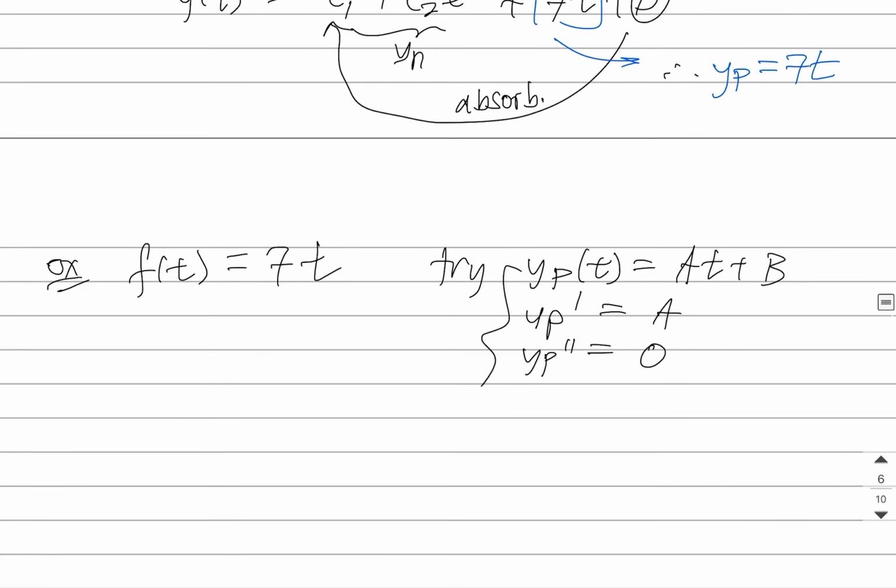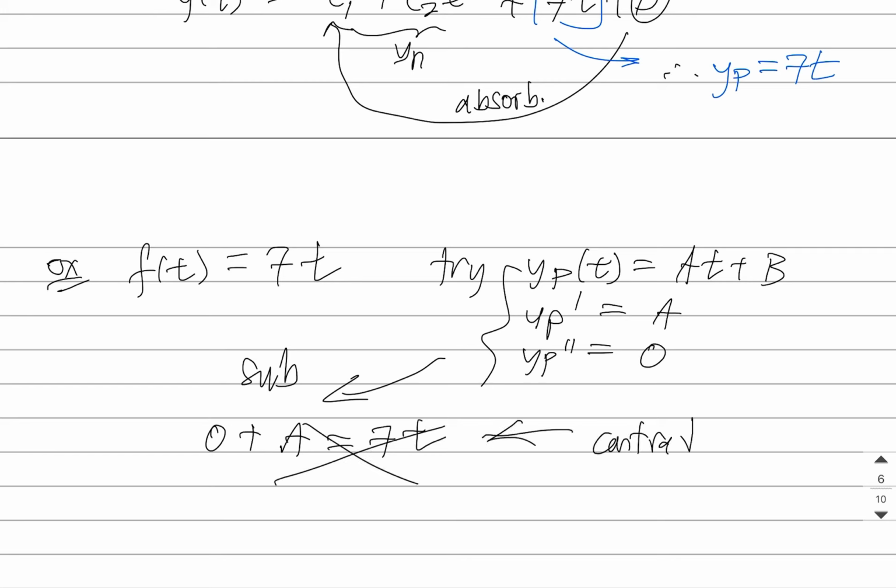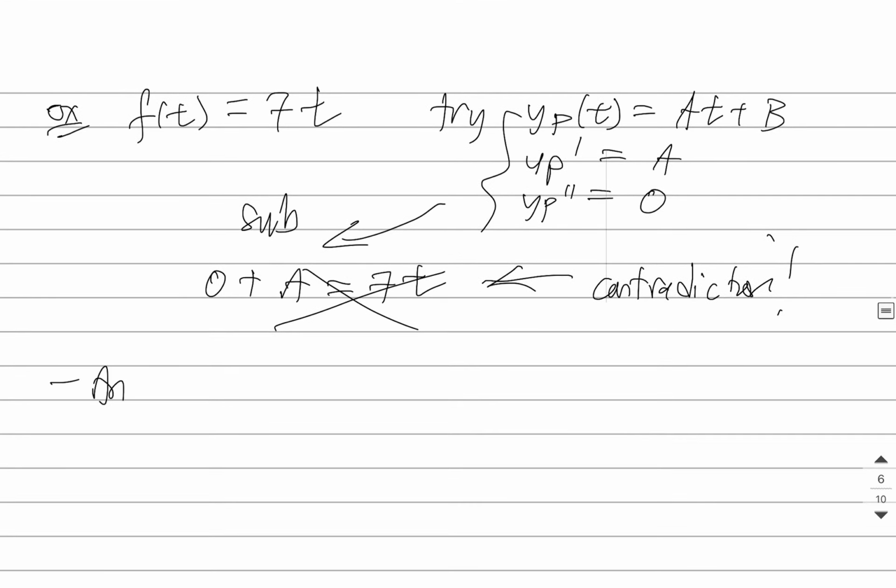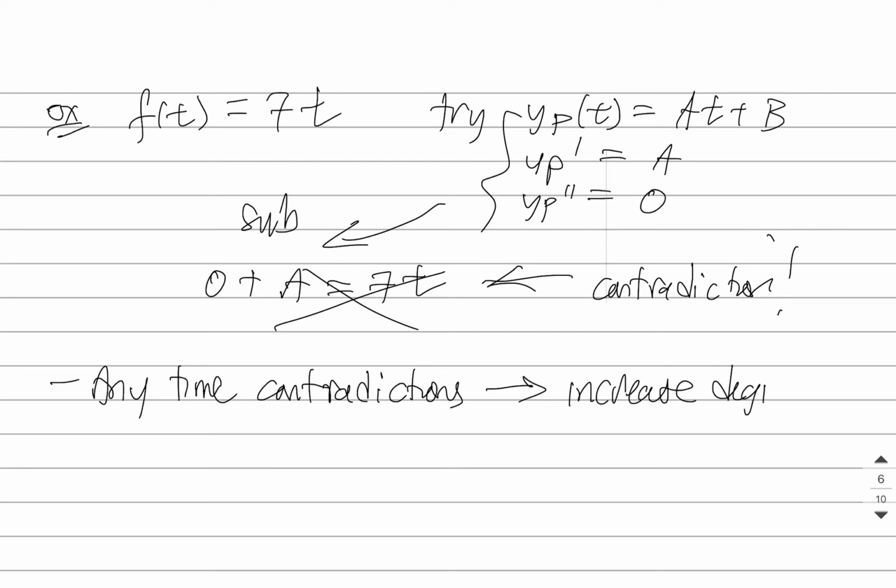If you were to sub that in, you would find a contradiction again. 0 plus a is 7t. This is a contradiction. So the lesson here is that any time contradictions arise, you should increase the degree of t in your particular solution.